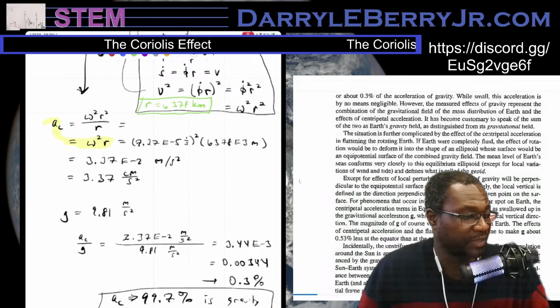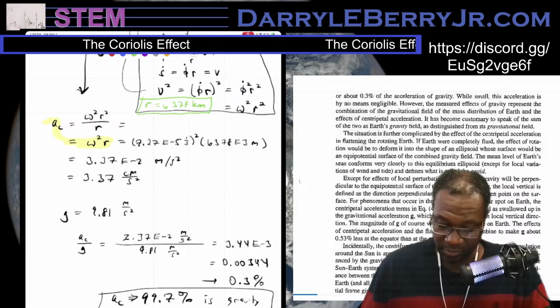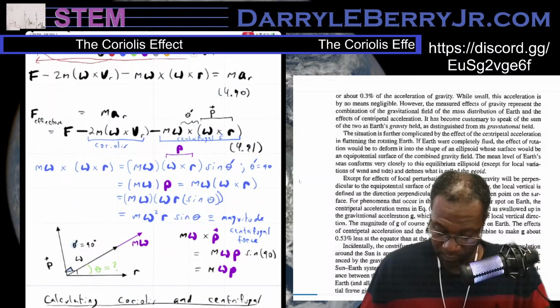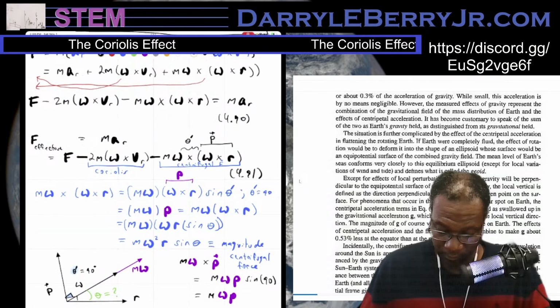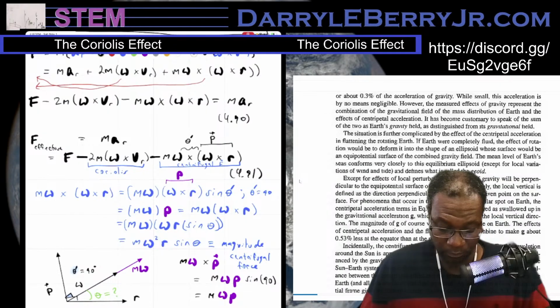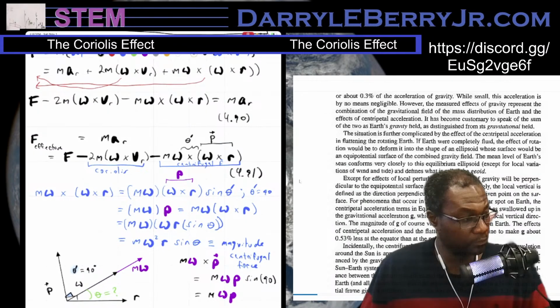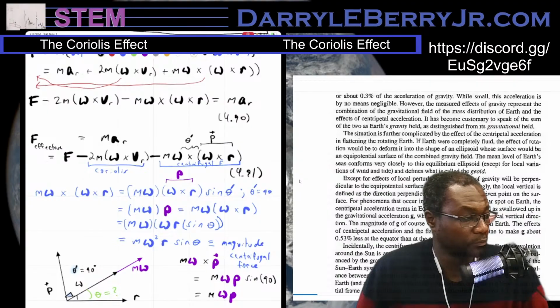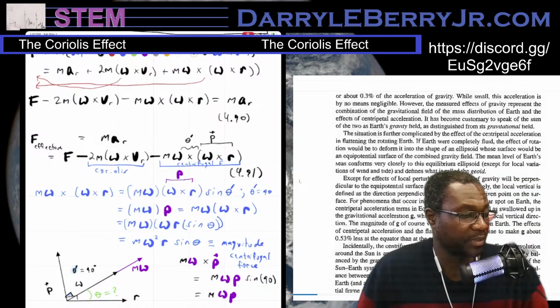For phenomena that occur in the vicinity of a particular spot on Earth, the centripetal acceleration terms in 4.91 can be considered as swallowed up in the gravitational acceleration g, which will be oriented in the local vertical direction.